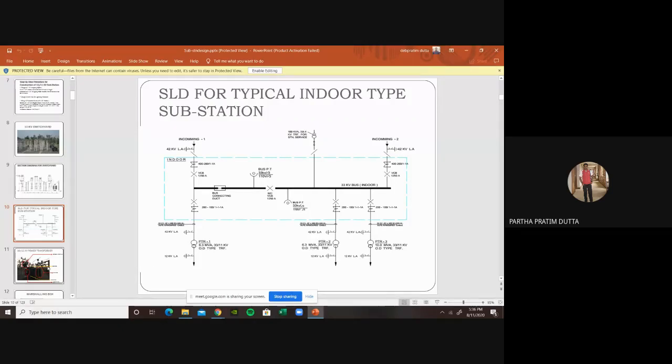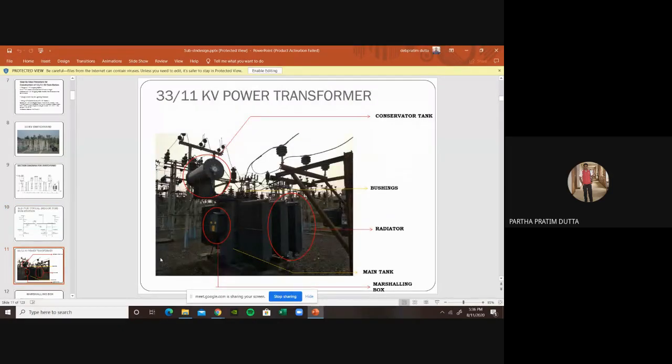Next, I would like to go to the 33 kV power transformer part, where this is the conservator tank. You see, this is basically the radiator, and this is the bushing: the HV side bushing and the LV side bushing. This is the Marshalling box, where oil temperature and winding temperature instruments are kept, and this is the main oil tank.